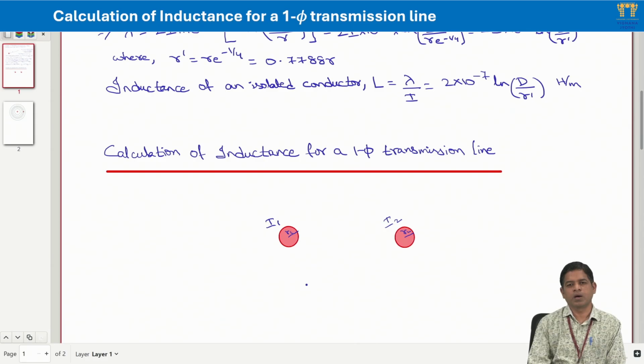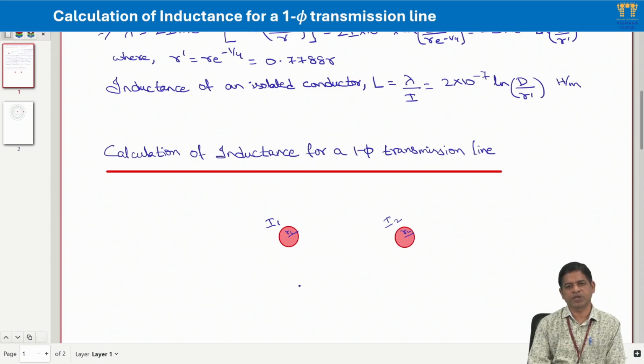Right. Now the conductor 1, which is carrying current I1, forms the forward path or creates a forward path for the flow of current I1, and the conductor 2, which is carrying I2, will become the return path for the flow of current through it.